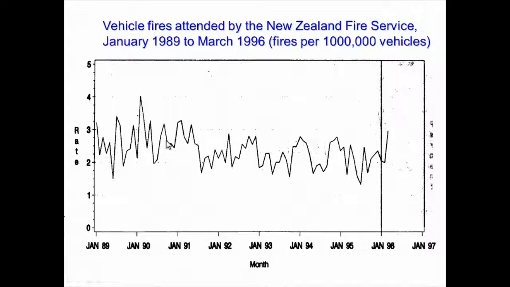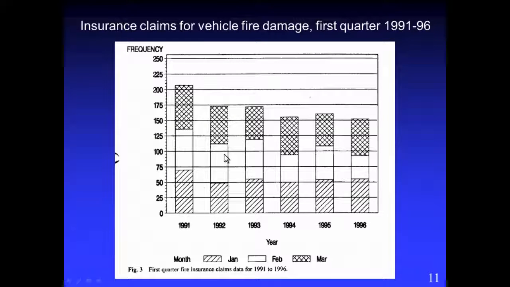And then we looked at insurance claims for vehicle fire damage. We just took the first quarter of each year for 6 years, and we broke it down by month, so we have here January, February and March. You can see that, if anything, there's a slight downward trend from 1991 to 1996.